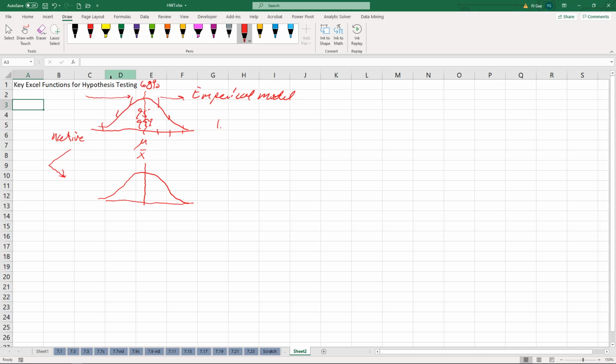We've scaled it so that the mean ends up in the world of z as 0, okay? And z is measured by your point of interest, how far it is from the mean, okay? Because that could be mu, okay? It's either x bar or mu. How far away is it from the mean? How many standard deviations?